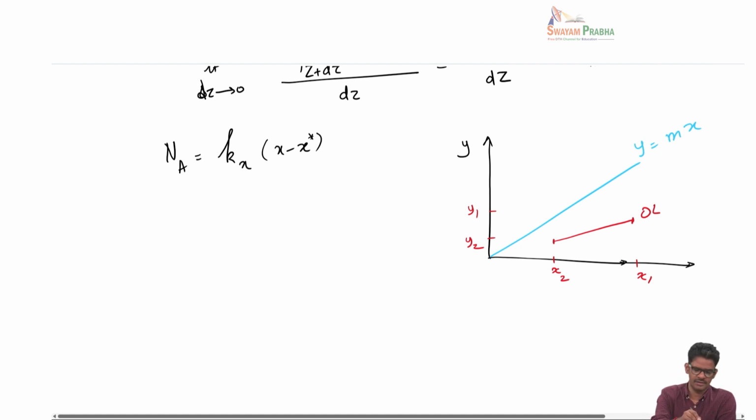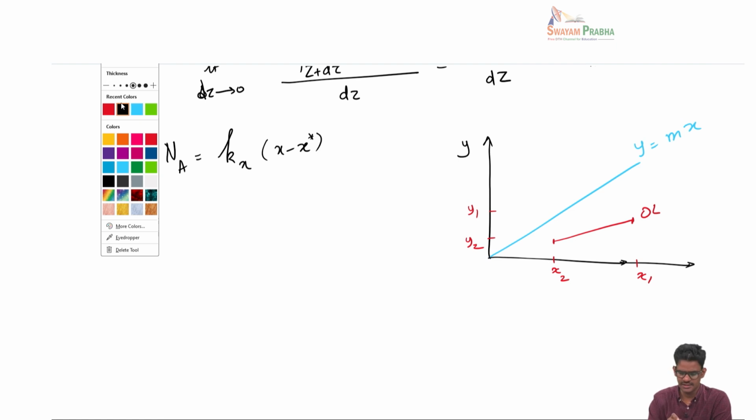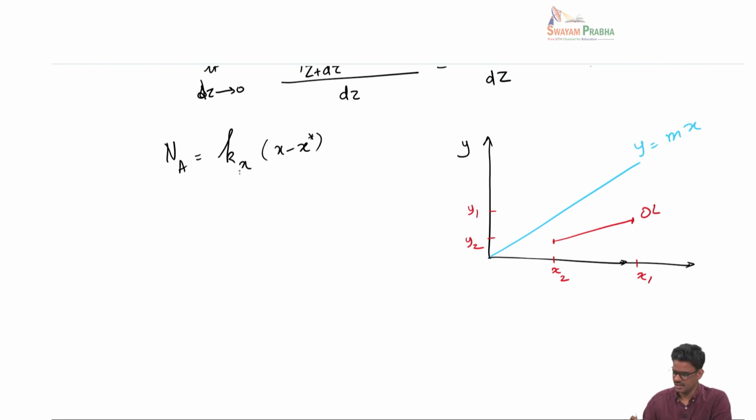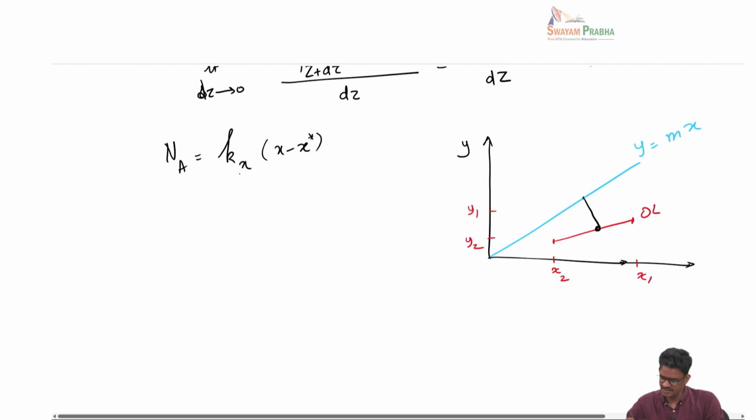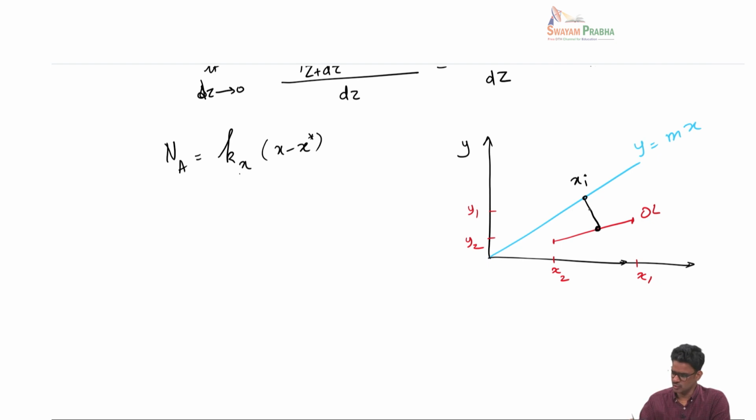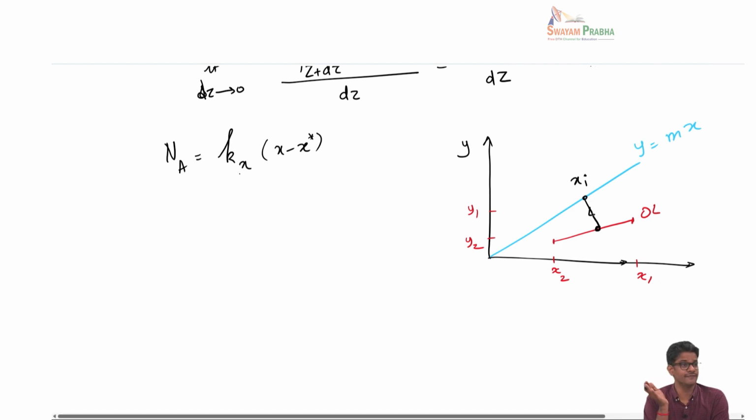Now, here we are saying the mass transfer rate is given by, if I take any point on this line, the mass transfer rate there is given by kx times (x minus xi), right. xi is the interfacial concentration corresponding to the equilibrium line, and this line is called the driving force line, whose slope depends on minus kx by ky, if you remember, and this is the local mass transfer coefficient based on the liquid phase.